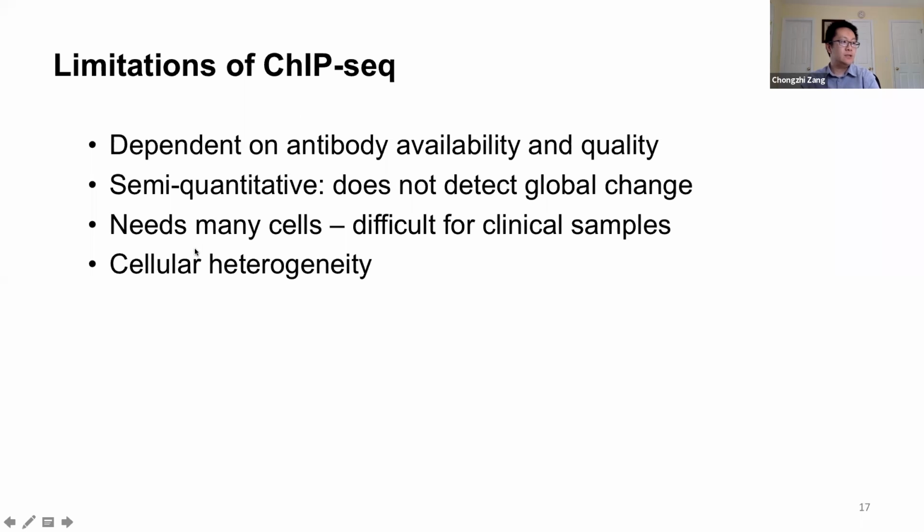So number three, ChIP-seq experiments usually need many cells and could be difficult in some cases, including clinical samples, or some mouse experiments in which we only have a limited number of cells from the tissue or from the sample we can collect.